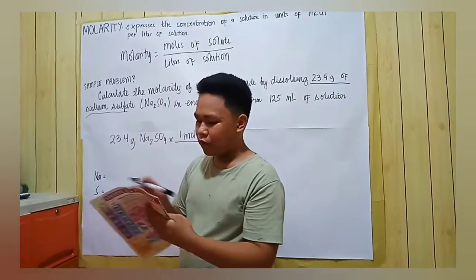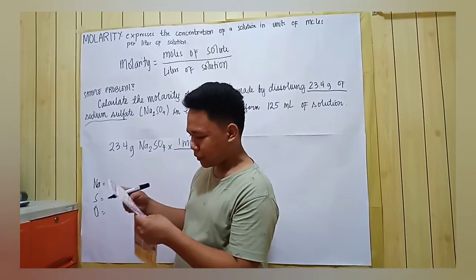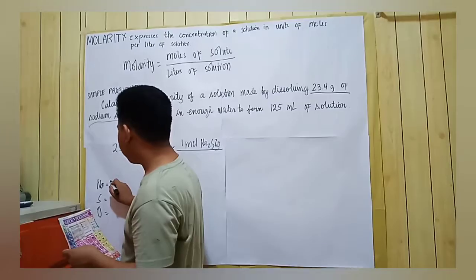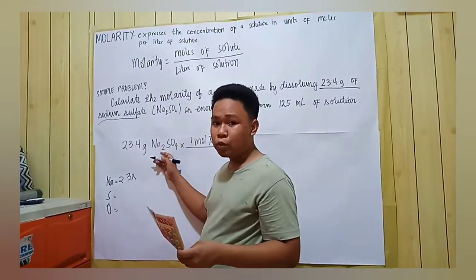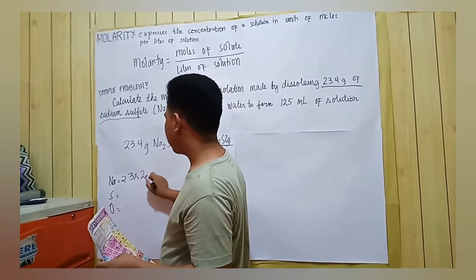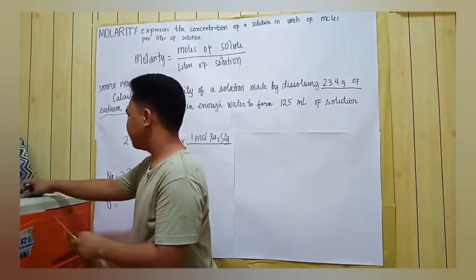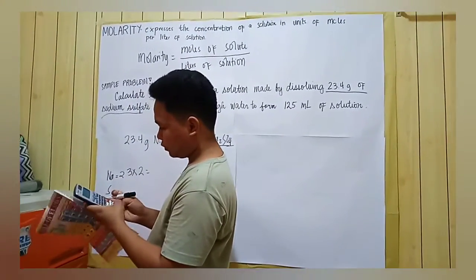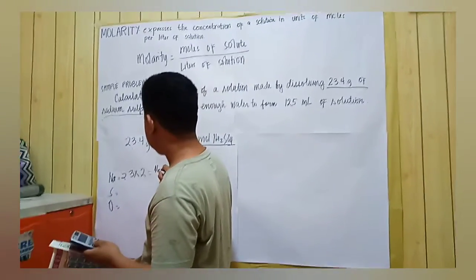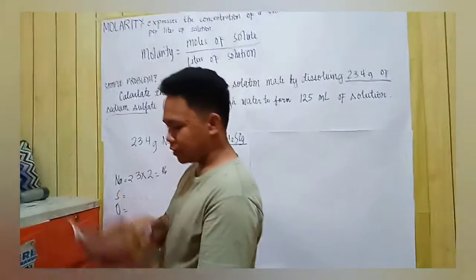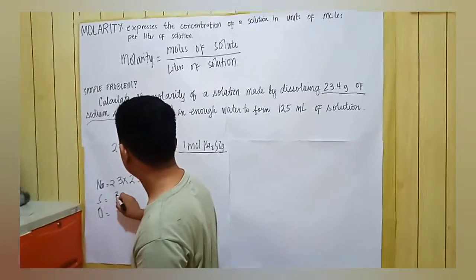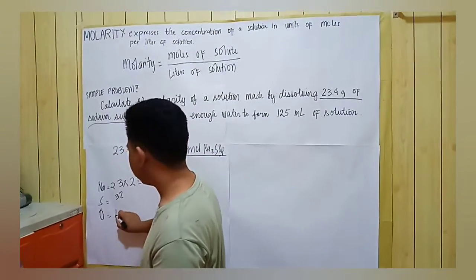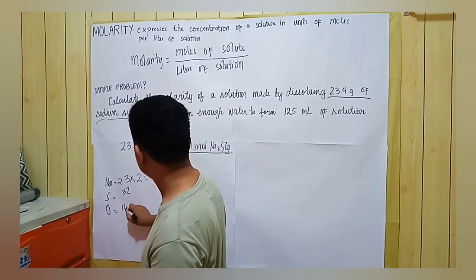The atomic weight of Na is 23, times 2 because it has 2 atoms of Na, so 46. For sulfur, we have 32. And for oxygen, we have 16.